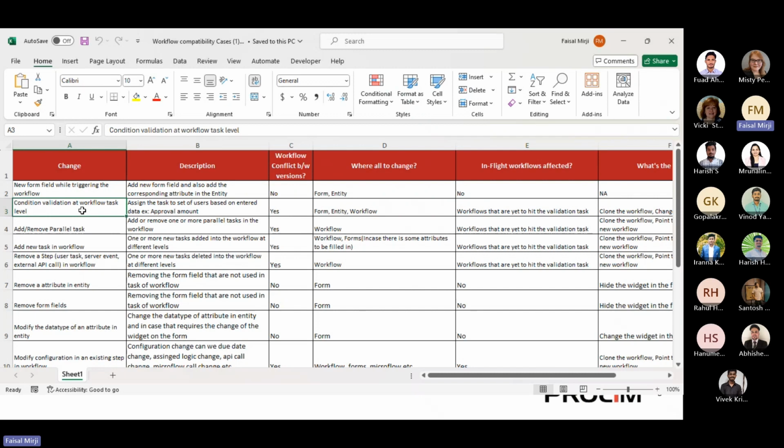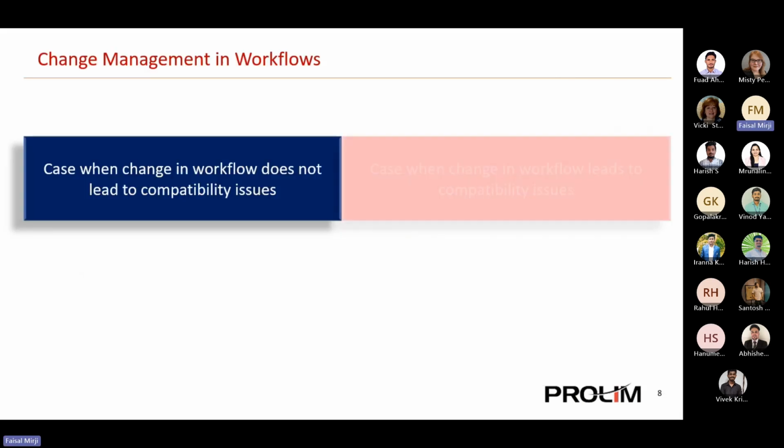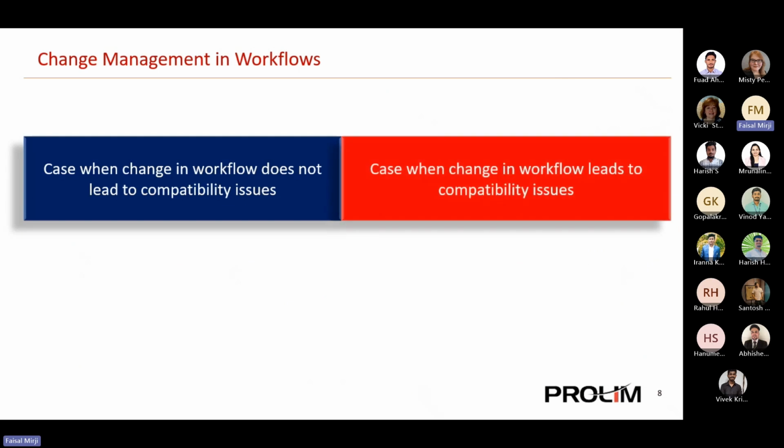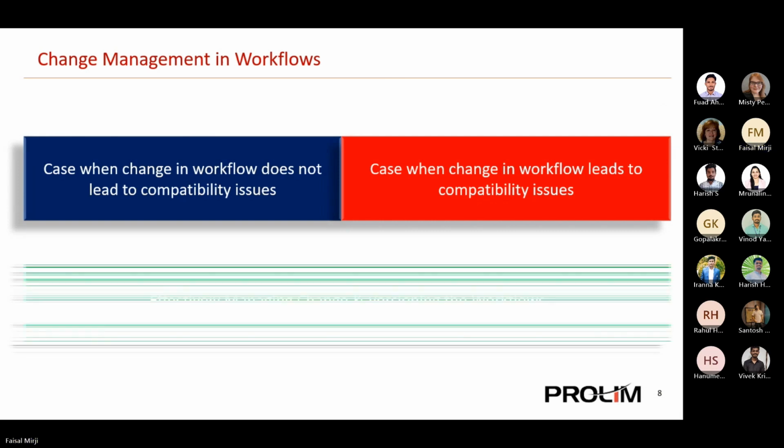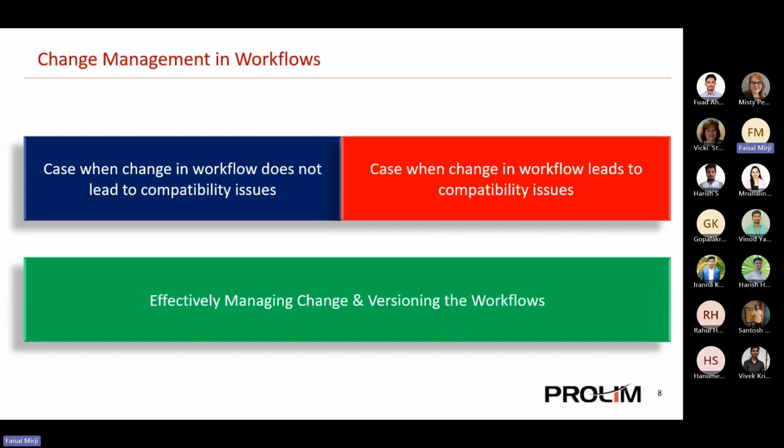Condition validation at workflow task level is like the next example, where there will be a compatibility issue. I'll give an example where this compatibility issue can come, and versioning of workflows will also take place.